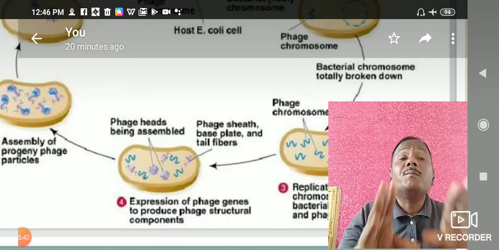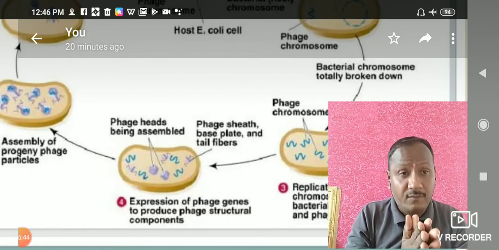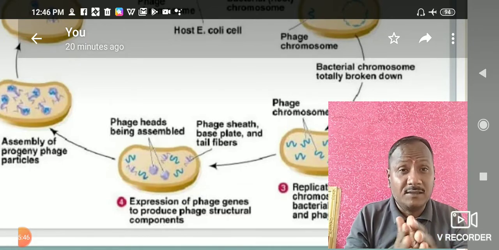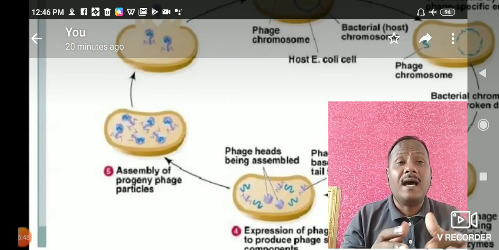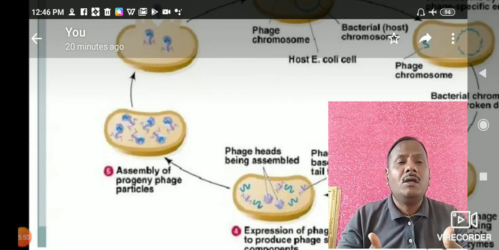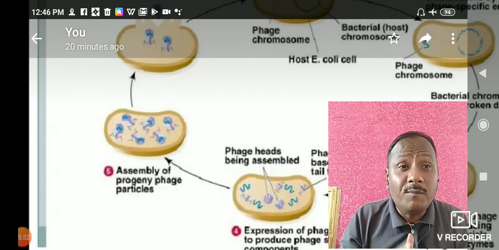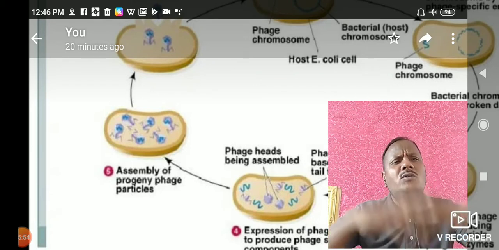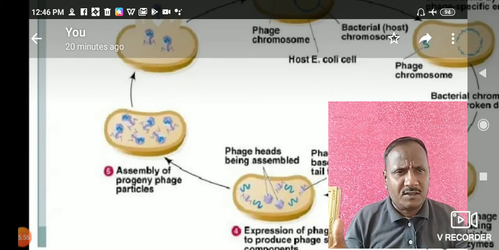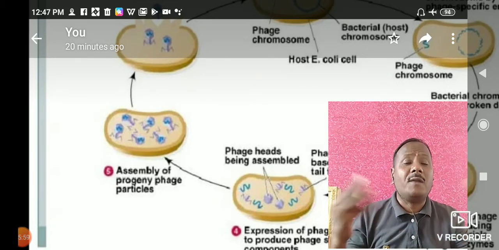These are the different parts of bacteriophage. Bacteriophage means viruses, and these parts are produced within the bacterial cells. How many of these parts are produced? Thousands or much more of these materials are produced within the bacterial cells.